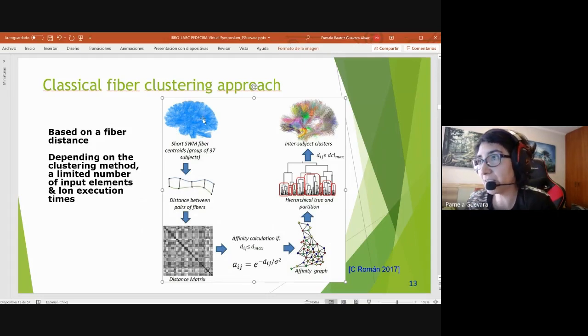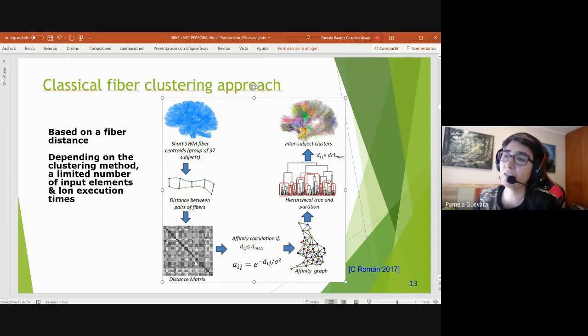Here the elements are the fibers, and then several clustering methods, not all of them, use a distance matrix between all the fibers. So you have here the distance between all the fibers. This is a symmetric matrix. And then you can transform this matrix to an affinity graph.